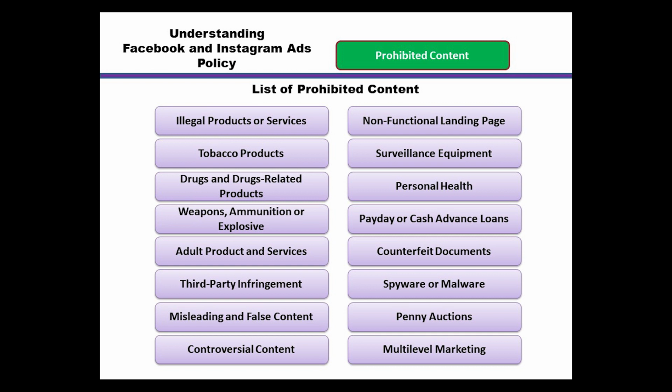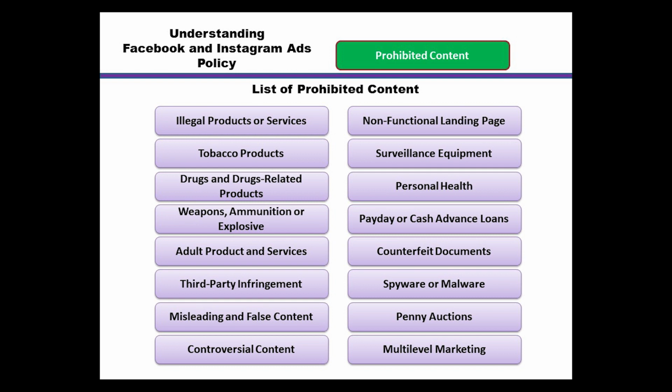And the eighth one which we have is misleading and false content. Now this is something we usually used to see in a daily newspaper or in a magazine in the classified category, but this particular thing they do not permit on social network platforms like Facebook and Instagram. The reason is because sometimes it leads to a wrong page, right?